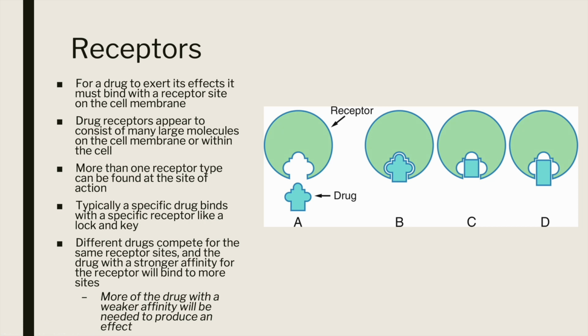More of a drug with a weaker affinity is needed to produce an effect. We'll talk about that in another slide, but the big picture is that drugs have to bind with a receptor site in order to exert their effects. Drugs will typically bind with specific types of receptors, and they can compete for receptor sites.